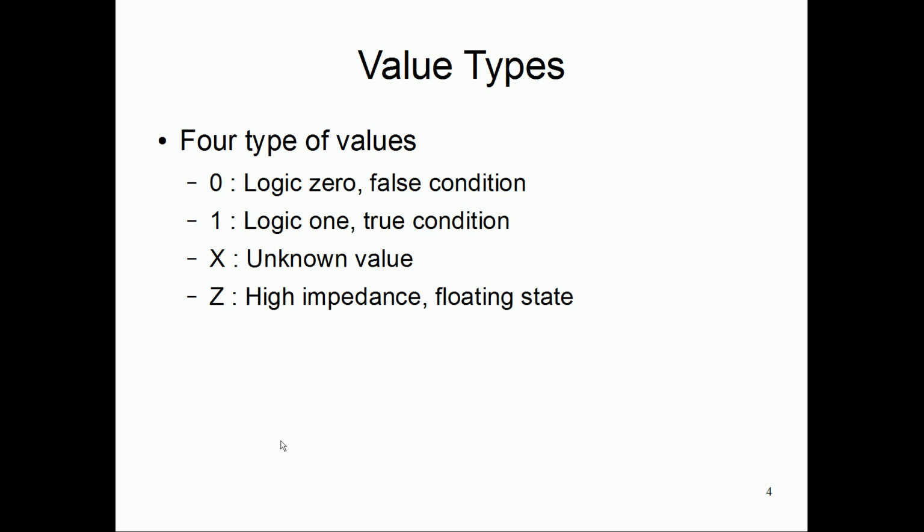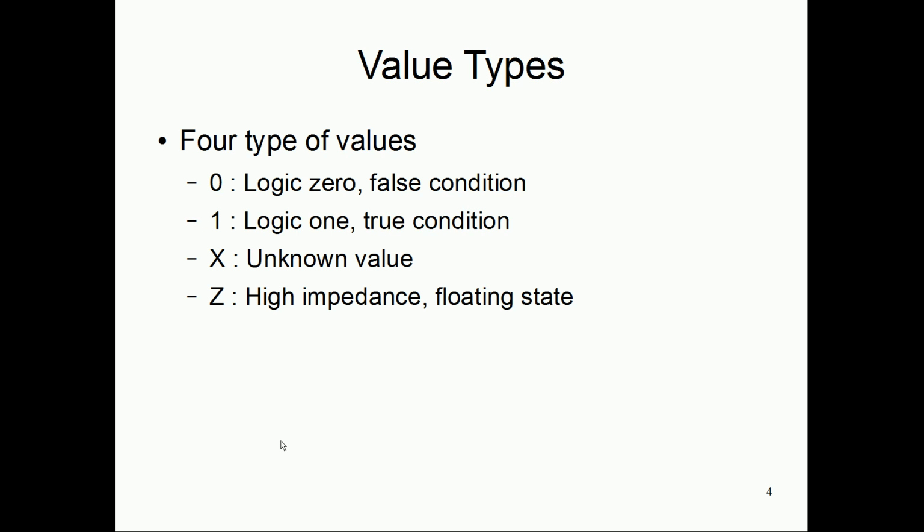So Z is a little bit more geared towards the electrical domain. You can imagine if a wire is floating, not connected to anything else, no logic being driven, that means the wire is in a completely electrically isolated state. That value is denoted with a Z. Okay, and X is unknown.